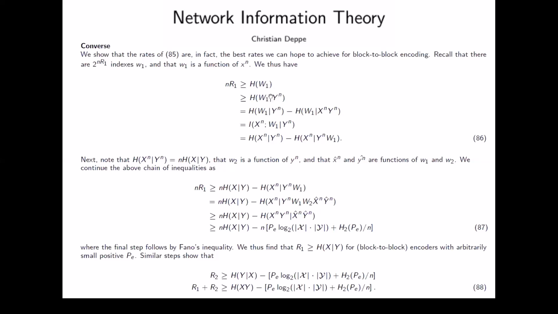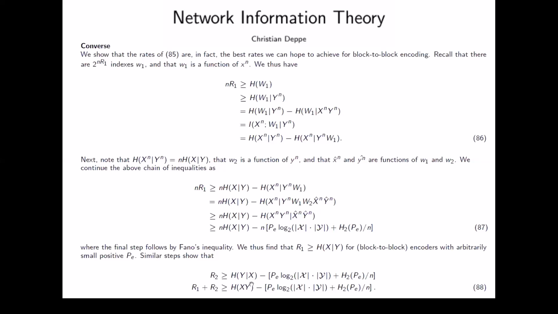You just have to replace W1 by W2, Y^n by X^n, and X^n by Y^n. Then you can do the very same steps and get that n times R2 is greater or equal n times the entropy of Y conditional on X, and you get R2 is greater or equal than the entropy of Y conditional on X.